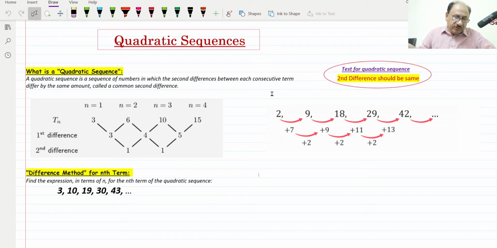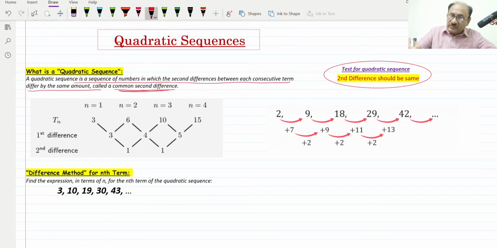So first of all, let us start with quadratic sequences. What is a quadratic sequence? A quadratic sequence is a sequence of numbers in which the second difference between consecutive terms is the same amount, called the common second difference. So the second order difference will be the same.